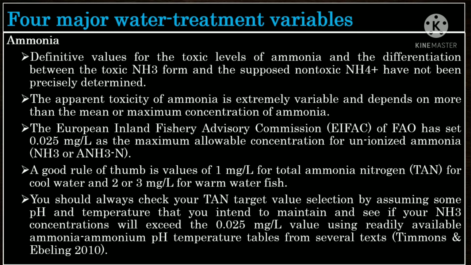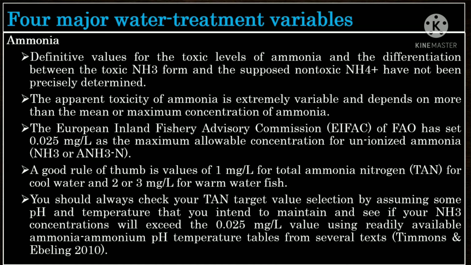So next is ammonia. Definitive values for the toxic levels of ammonia, and the differentiation between the toxic NH3 form and the supposedly non-toxic NH4 positive form, have not been precisely determined.